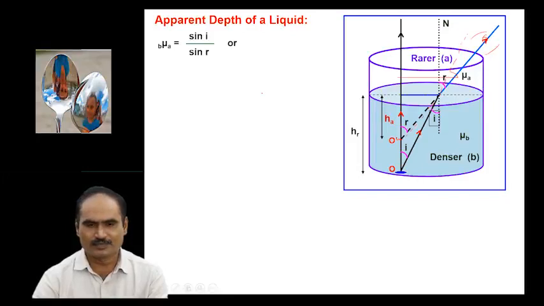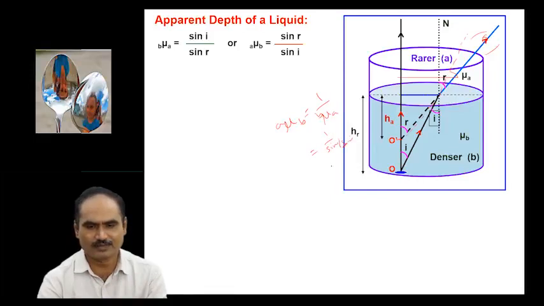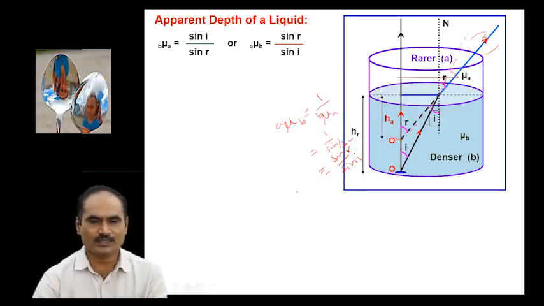Then mu B with respect to A can be written as sin R by sin I. One more thing: refractive index of B with respect to A can be written as the reciprocal of refractive index of A with respect to B. So that is equal to 1 by sin I by sin R, which can be written as sin R by sin I. That is why refractive index of B with respect to A can be written as sin R by sin I.